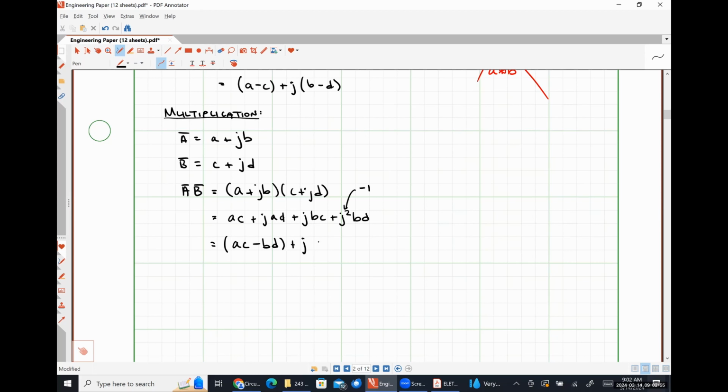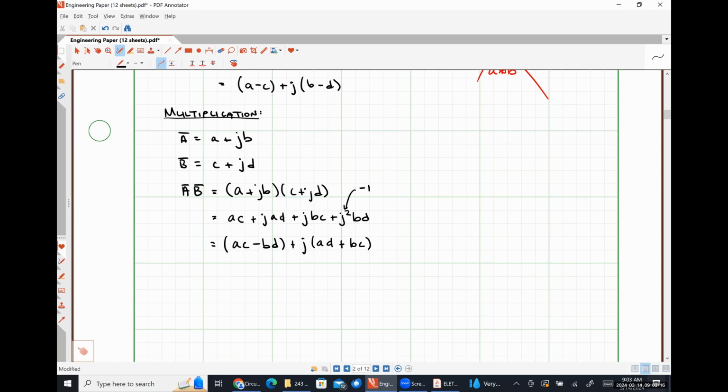And for our imaginary parts, we have an AD, and we're going to add to that a BC. So this is what our multiplication operation looks like using rectangular form complex numbers. Once again, if we put in a rectangular form complex number, we get out a rectangular form complex number.